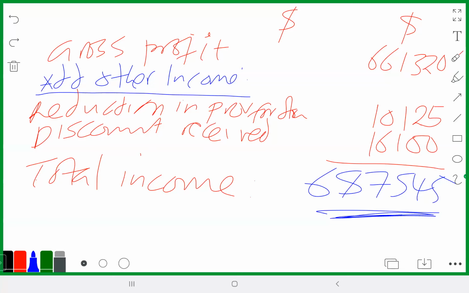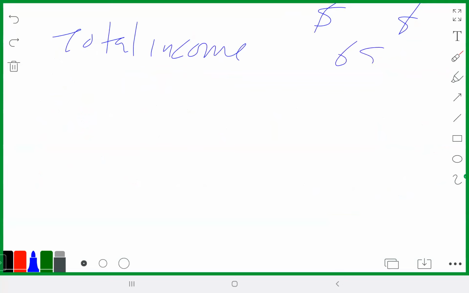Okay, what do we do after total income? We less expenses, isn't it? So I'll write our total income on top here, which was 687,545.